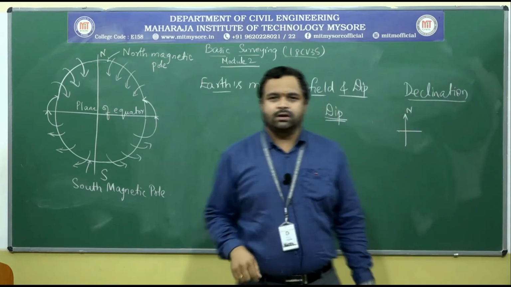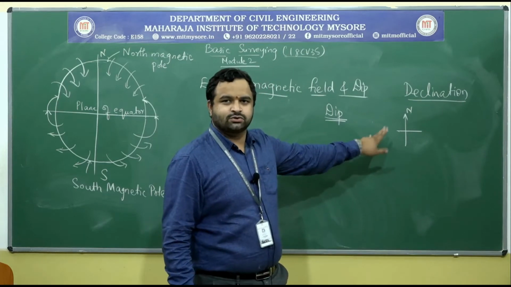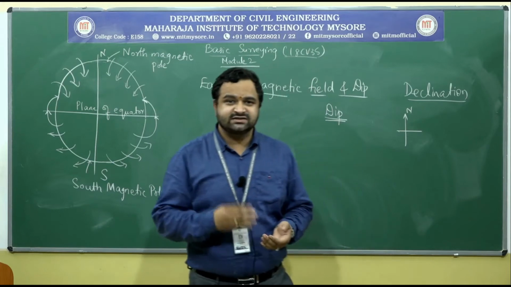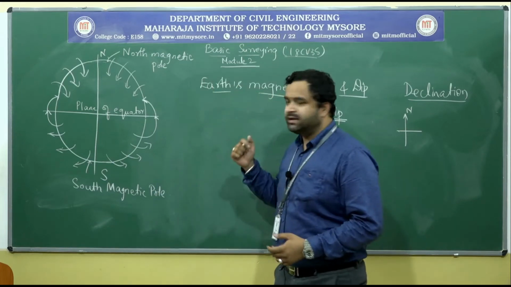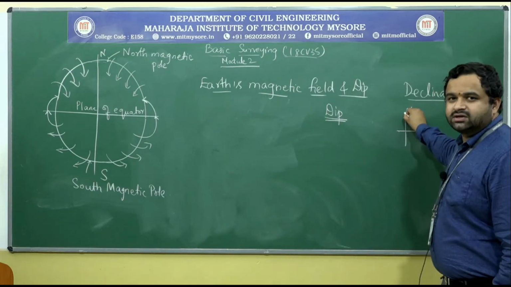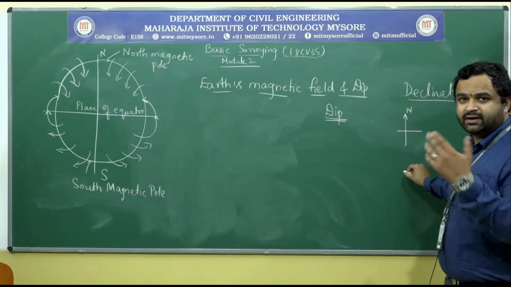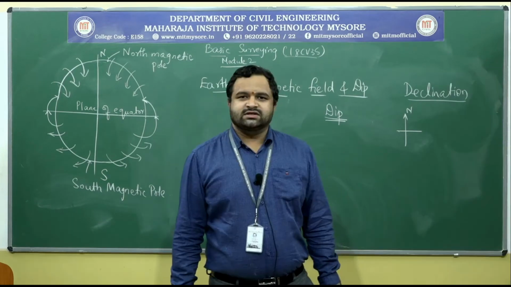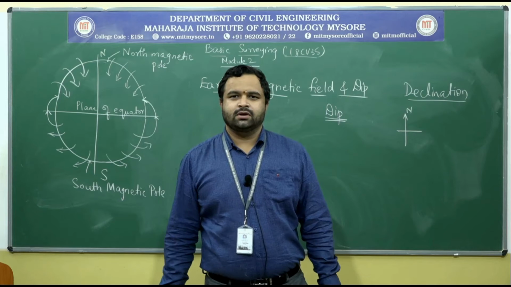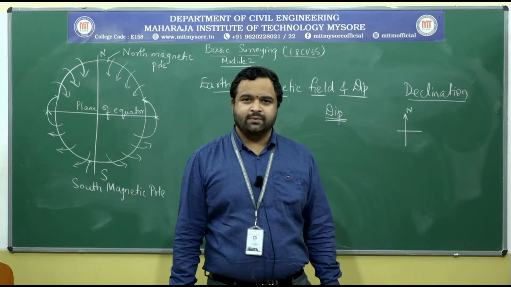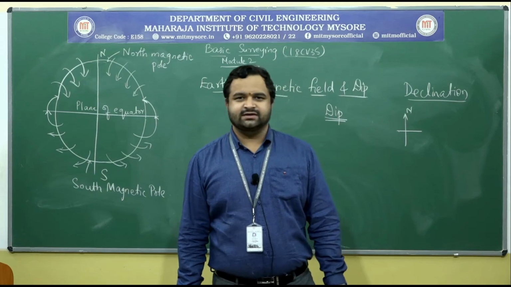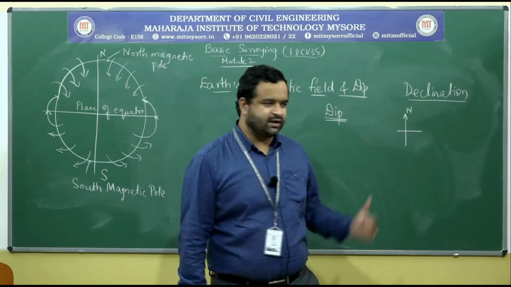Since the direction of the magnetic meridian at a place changes with time, I explained in earlier classes that the true meridian will not change, but the magnetic meridian may vary. The horizontal angle made between the true meridian and the magnetic meridian is known as declination.